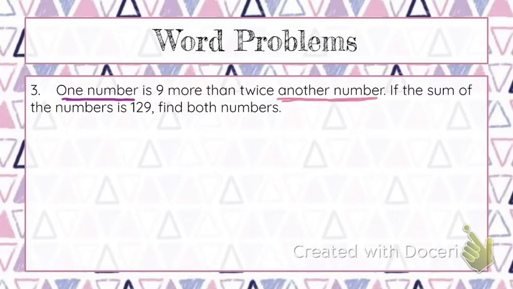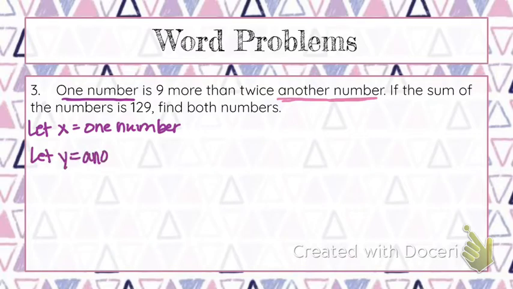If the sum of the numbers, so that's the same numbers, it's not a new one, is 129, find both numbers. So we'll say let x equal one number and let y equal another number.